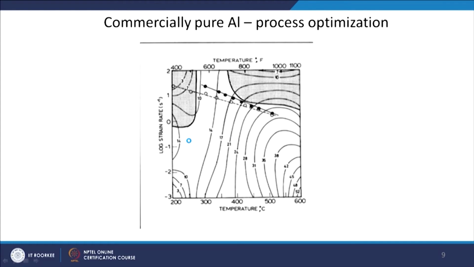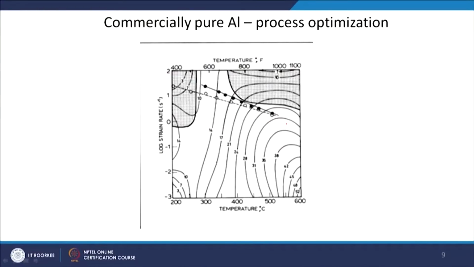Another process optimization was done in commercially pure aluminum. As I was telling you, these are continuous processes. The material is heated in the furnace, and then there are a couple of, or maybe 3-4, rolling mills. The material goes from one rolling mill to another. The temperature is continuously coming down during the deformation process.